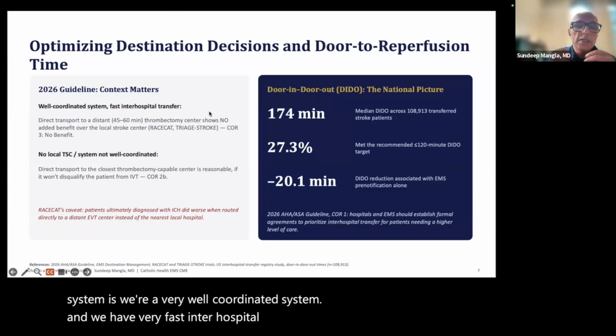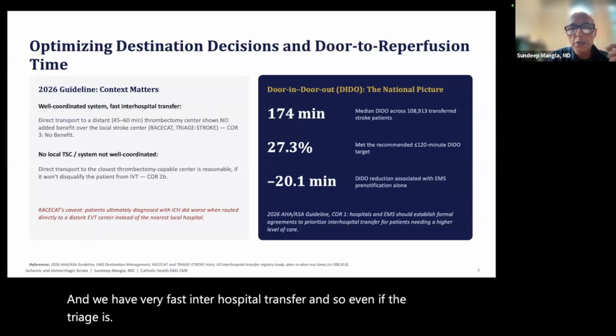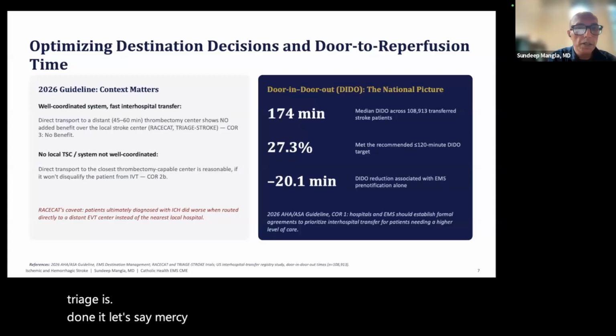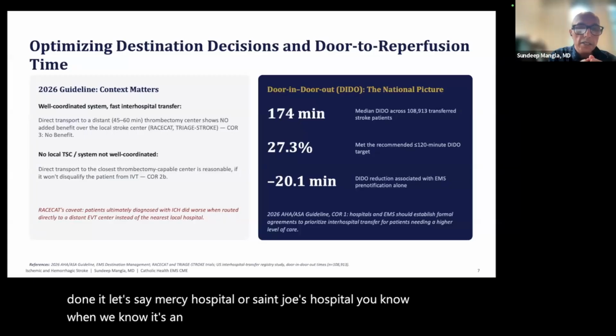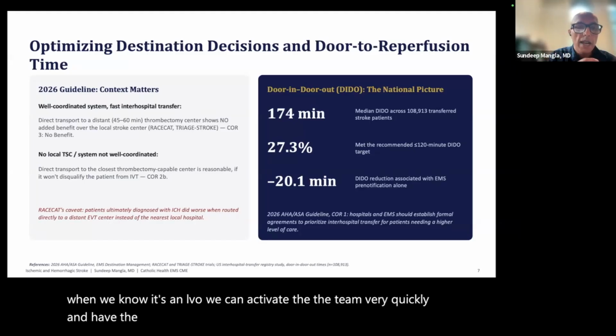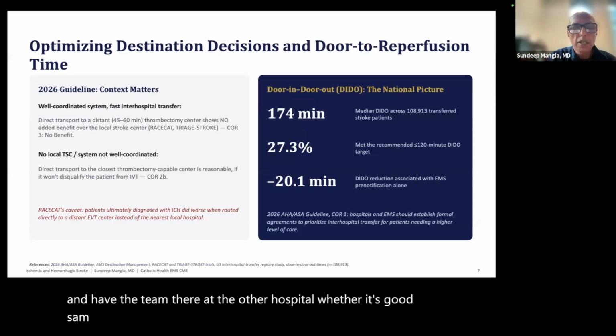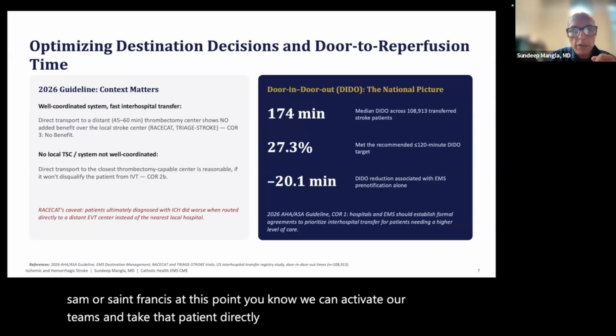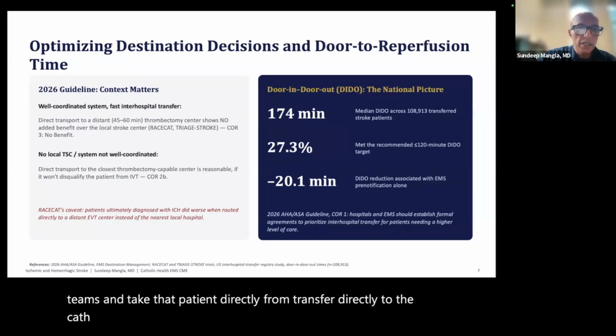So even if the triage is done at, let's say, Mercy Hospital or St. Joe's Hospital, when we know it's an LVO, we can activate the team very quickly and have the team there at the other hospital, whether it's Good Sam or St. Francis at this point. We can take that patient directly from transfer to the cath lab, bypassing all the ED testing.